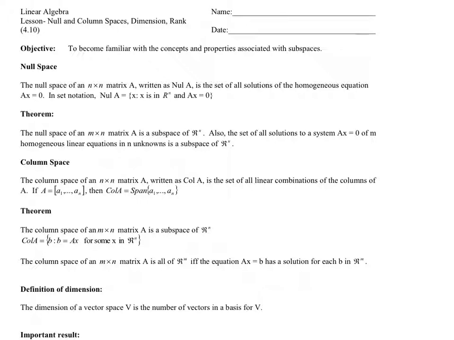The dimension of a vector space is the number of vectors in the basis for V. So that's going back to column space. So the number of vectors that form a basis for your vector space. Again, if I have a 4x7 matrix, I only need 4 of those columns. Those 4 vectors make up the basis of 4 space. So it's a question of what those vectors are.